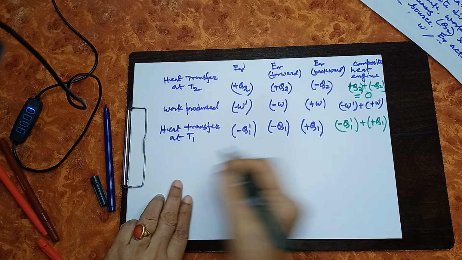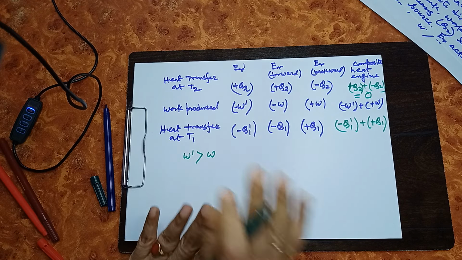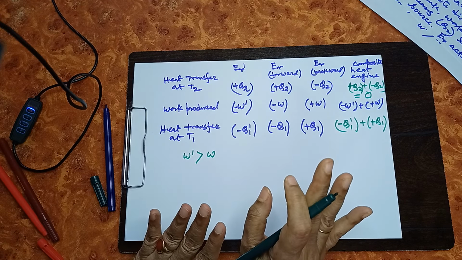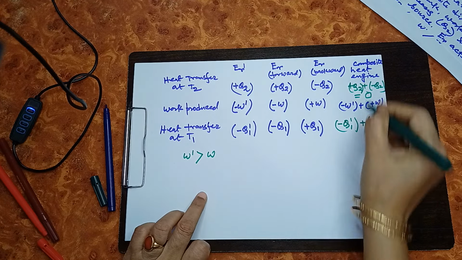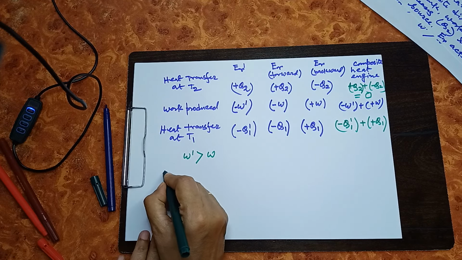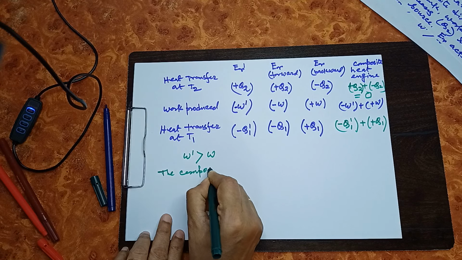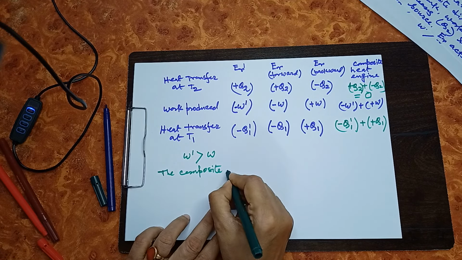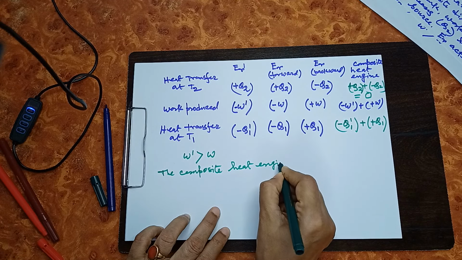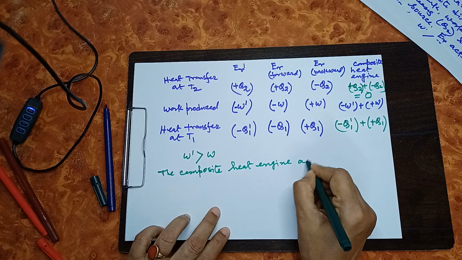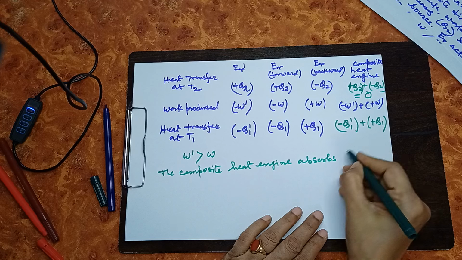And since W dashed is greater than W, already assume that heat engine ER dashed has more efficiency, then we can tell that this composite heat engine absorbs this amount of heat.